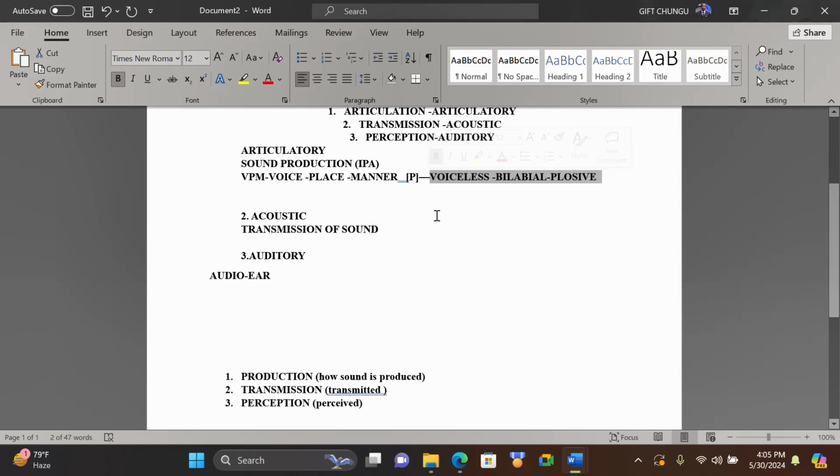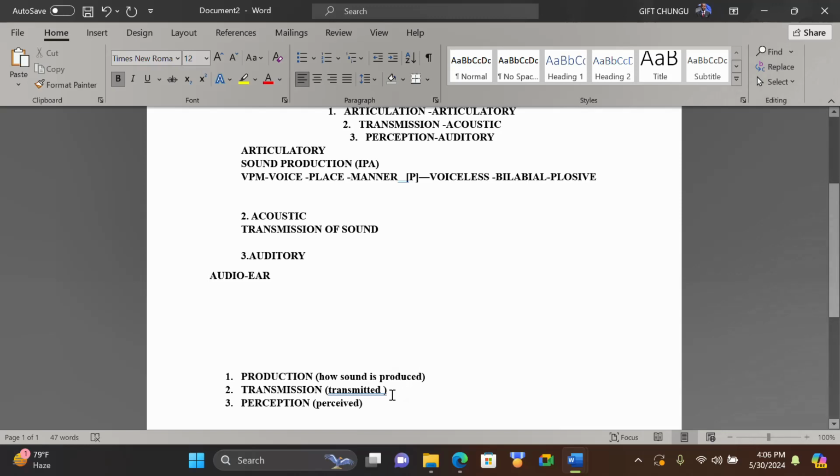Because in production of sound, we have organs that are going to be involved. When we say bilabial, we are saying lips. Bi means two, meaning both lips are involved.